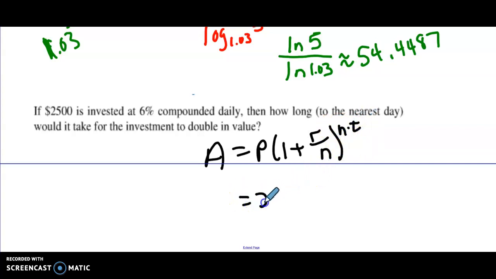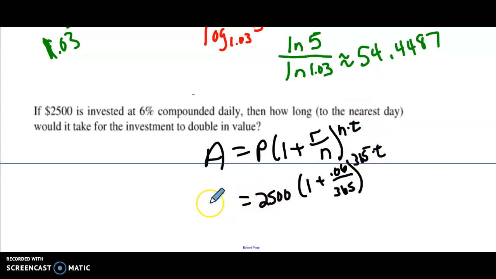So a $2,500 investment is invested at 6% compounded daily. That's 365 times a year. How long will it take for the investment to double? Well, that's what I need: the t. I don't know that. That's my time.